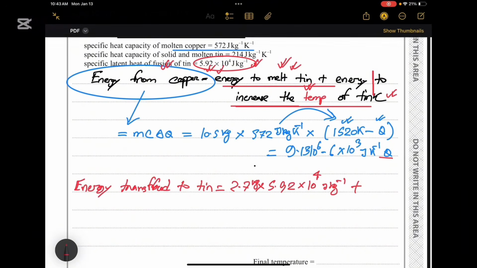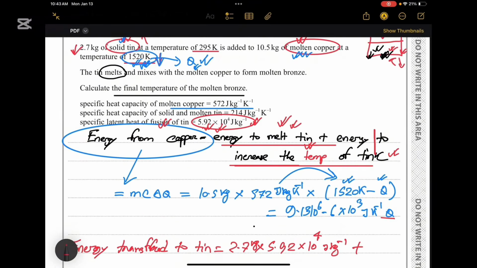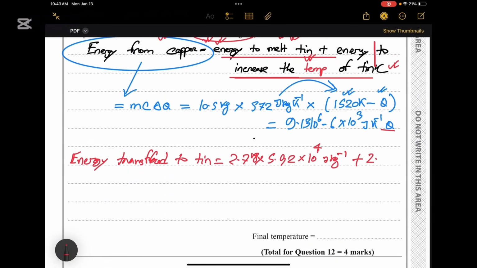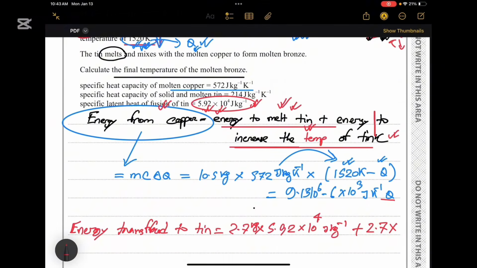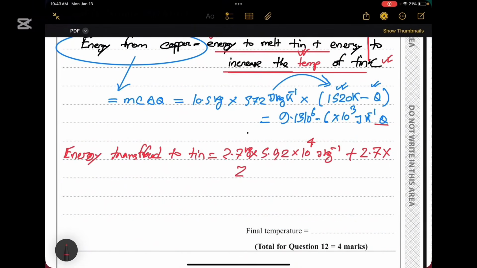Sorry, 5.92 into 10 to the power 4 joule is the specific latent heat. We are looking for the mass of the tin, which is 2.7. So 2.7 into the C, the specific heat capacity of tin, which is 214, into the del theta.